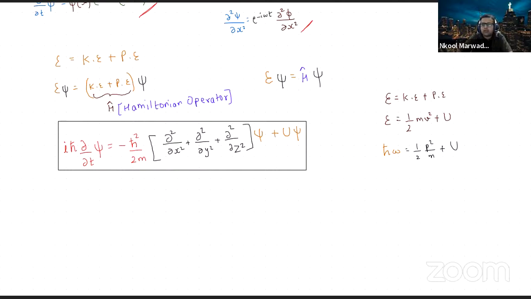And I know that p I can also write as h bar k. So I can write it as half of (h bar k) square by m plus U is equal to.